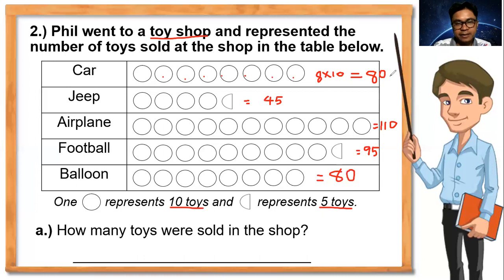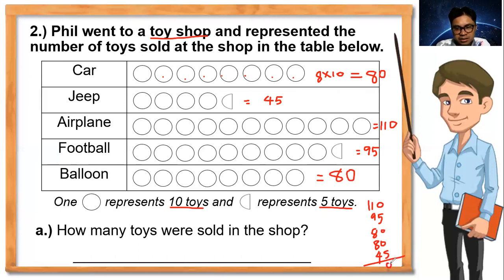Let's try to add. Let's begin with the biggest: 110, 95, 80, 80, then 45.